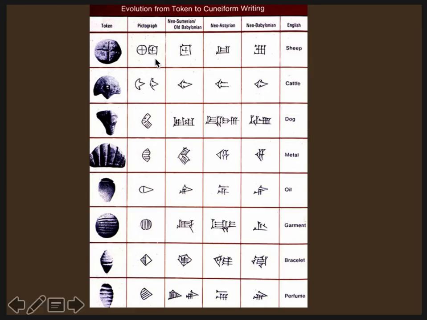Okay, but still a pictographic script that's also ideographic. That is, once you can represent something else using that character, then you can also represent an idea. So it's ideographic and pictographic.